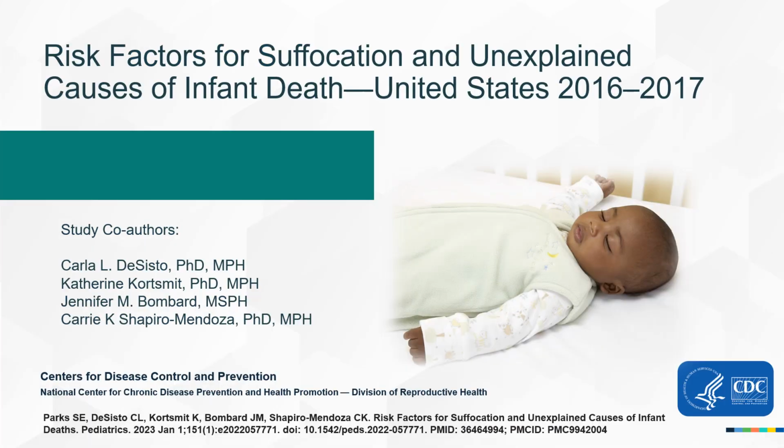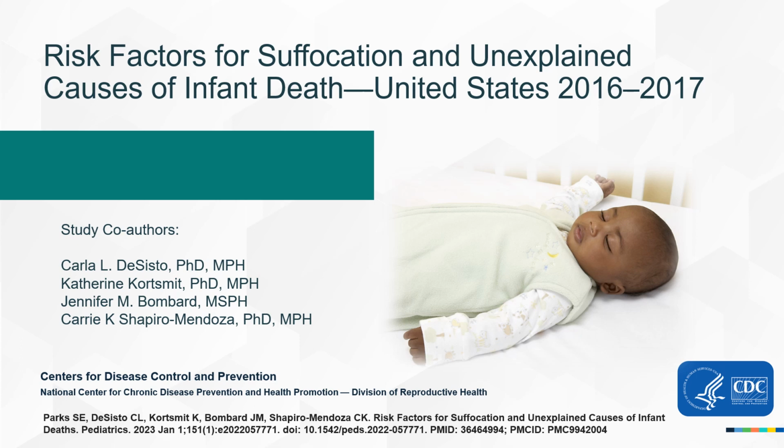Next, I'd like to talk a bit about the next paper we worked on. So once we had a good sense of the applicability of the classification system over time and a detailed characterization of how SUID were grouped into categories and mechanisms, our next undertaking was to look really closely at the group of SUID which were explained suffocation, because this is the segment for which we are confident in the cause of death.